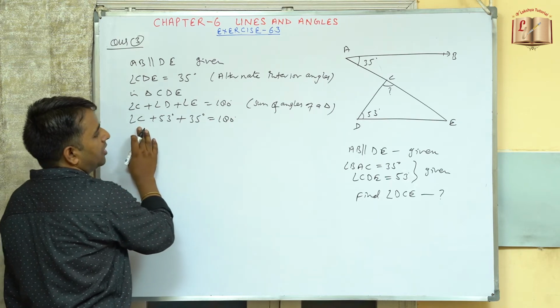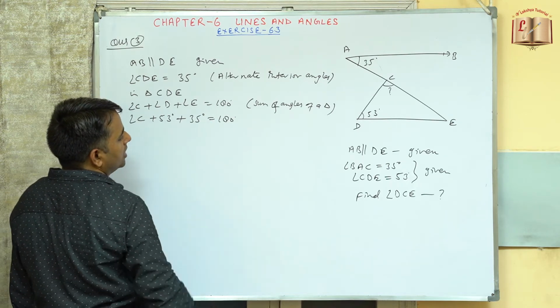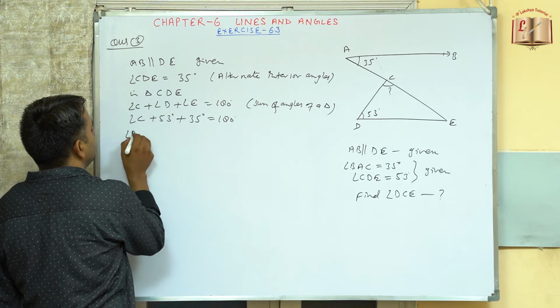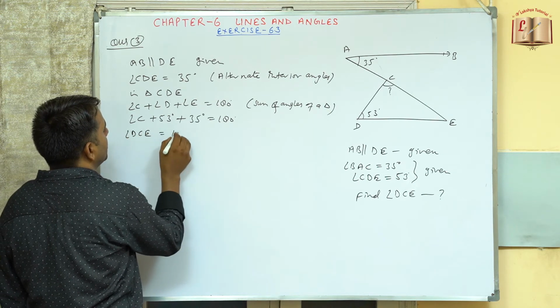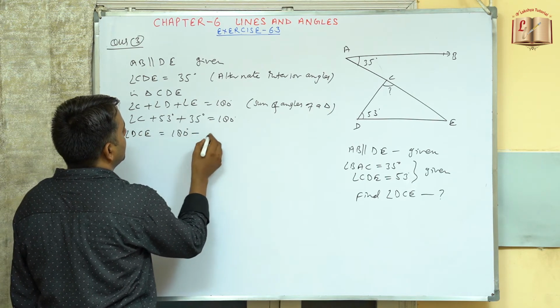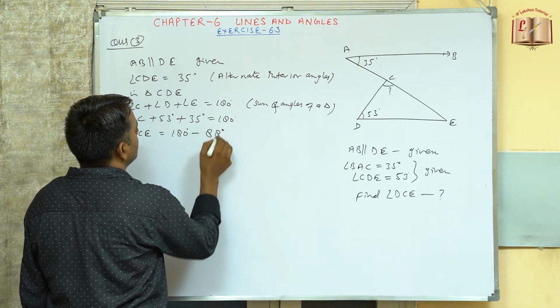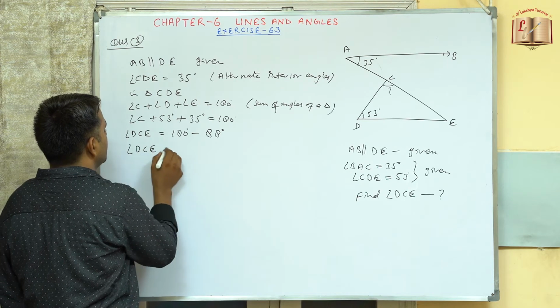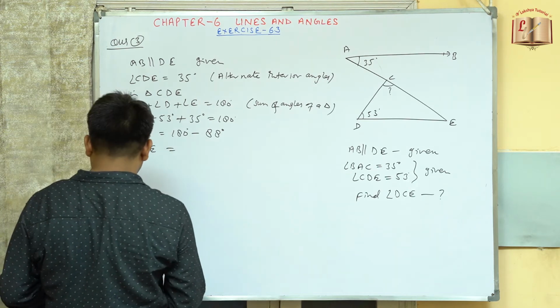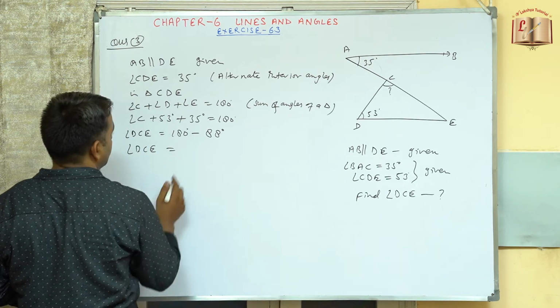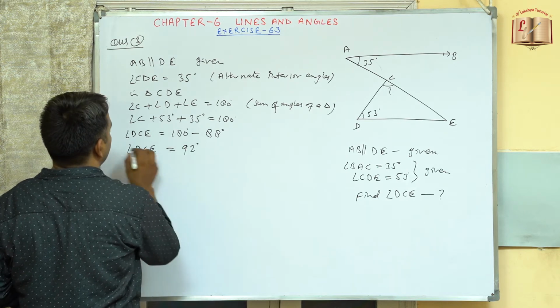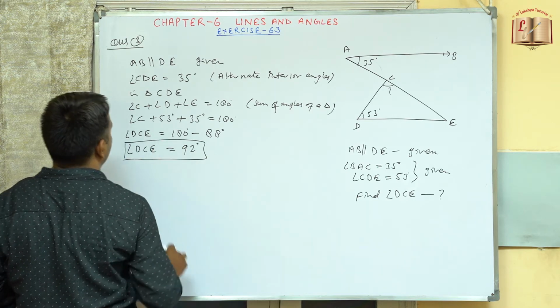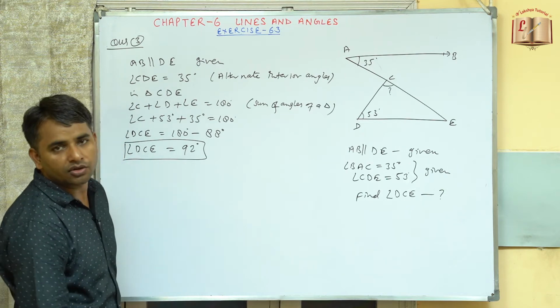So angle C, or this is DCE, so angle DCE will be equal to 180 degrees minus 88. On subtraction we can find this value, so this will be 92 degrees. So we got angle DCE as 92 degrees.